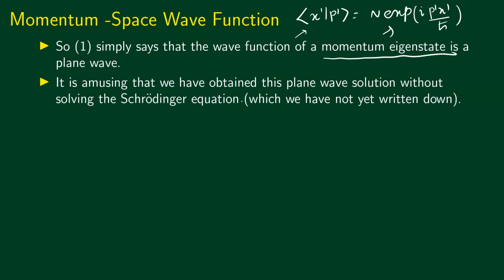Now if you solve the Schrodinger equation for the case of a free particle, we'll see that the wave functions are exactly the plane waves. So what we have here as the momentum eigenfunctions are also the free particle solutions for the Schrodinger equation.